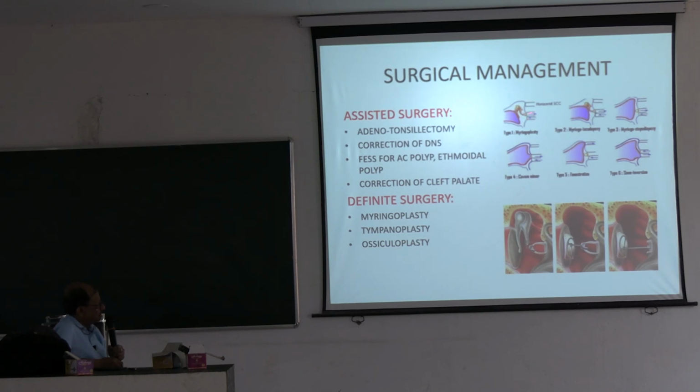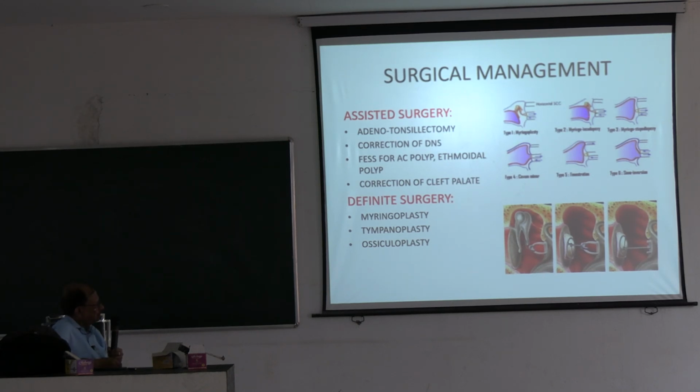So, in case of type 1 tympanoplasty, there is only closure of the tympanic membrane defect. Ossicular chain is intact. That is called type 1 tympanoplasty. Ossicular chain intact, only defect is tympanic membrane. We close the tympanic membrane by temporalis fascia or tragal perichondrium.